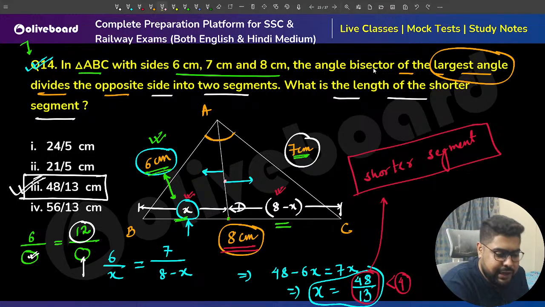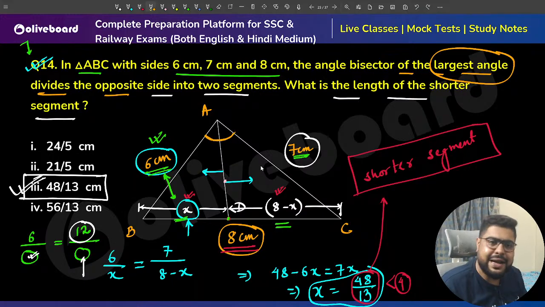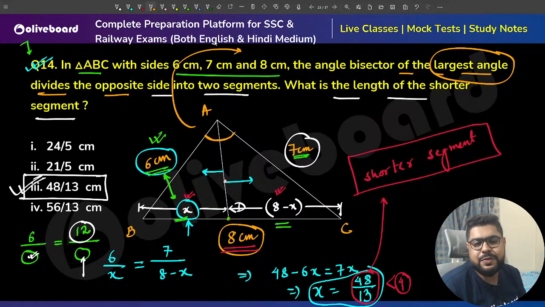Yes, Apollonius is for a median, but these types of questions have been asked already. If they ask you this AD length, that means it is an Apollonius question. Then remember, in these situations they will give you either an isosceles or an equilateral triangle.